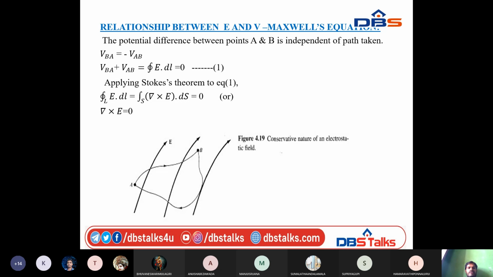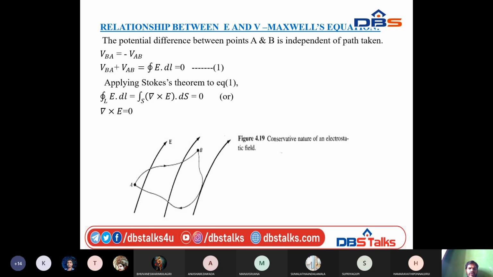That is V_BA equals minus V_AB, because both the polarities have changed. This one is the forward direction, and from B to A is the opposite direction.